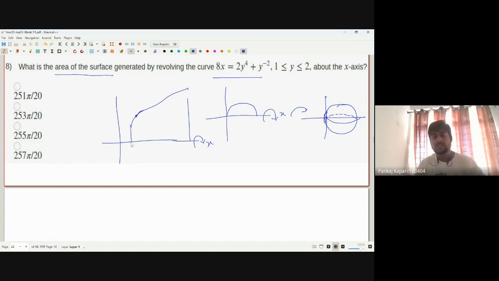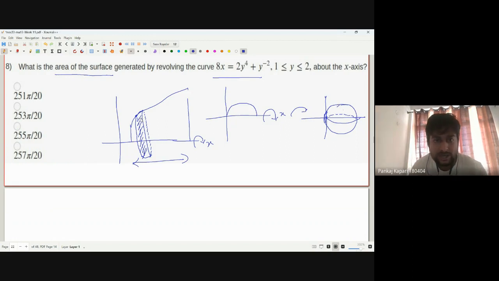If you revolve this about the x-axis, then this arc will give you a circular strip, like this. If we are able to find the area of this particular strip, then if we integrate along the whole range of the interval along the x-axis, we get the area. But how do we get the area of this strip?